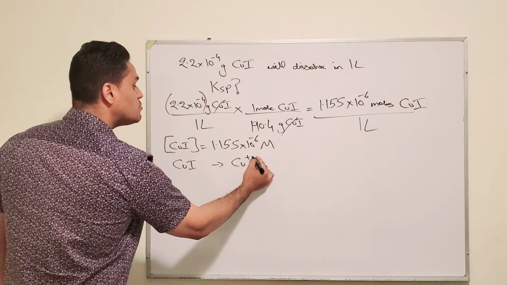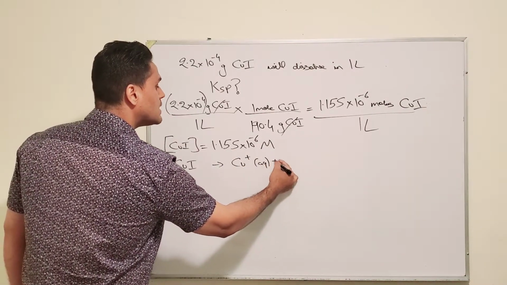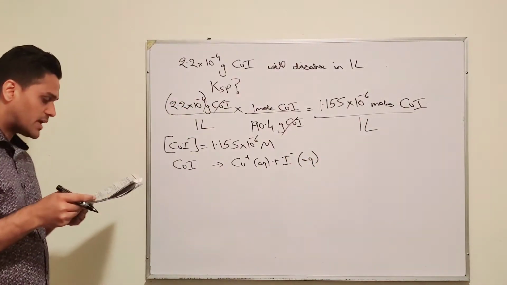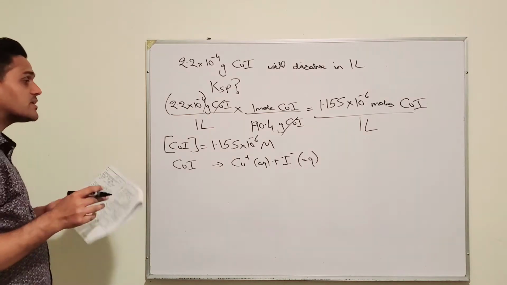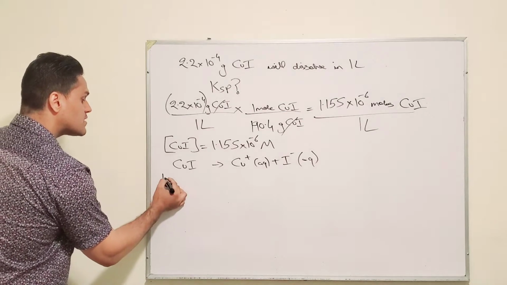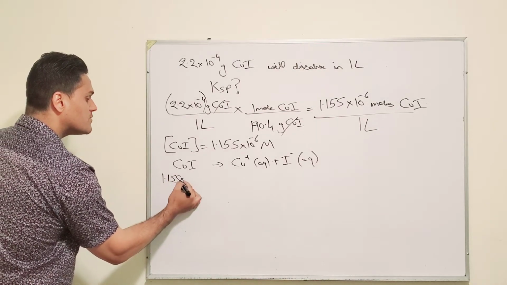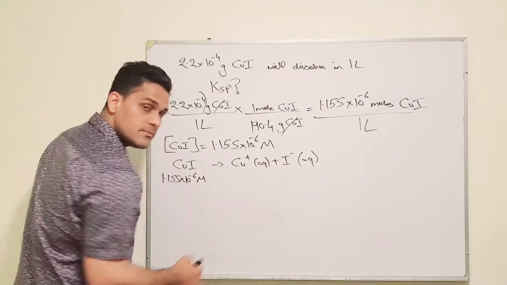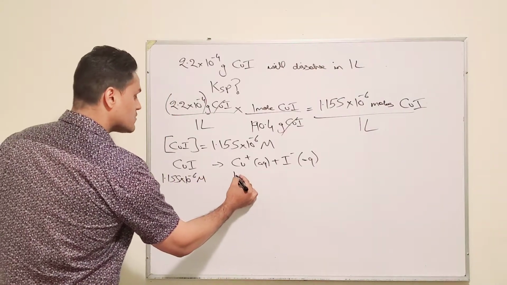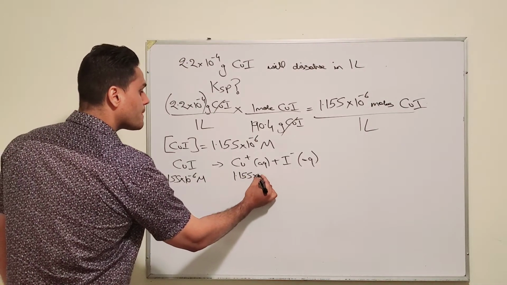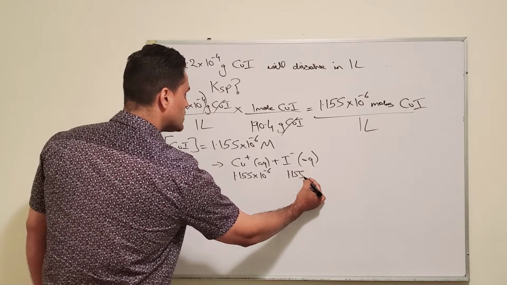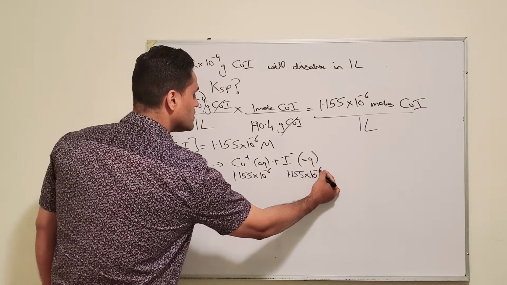So we get Cu plus aqueous plus I minus aqueous. The concentration of CuI was 1.155 times 10 raised to the power minus 6. Now these are all 1 to 1, so the concentration of Cu plus will be the same, and the concentration of I minus will be the same as well.